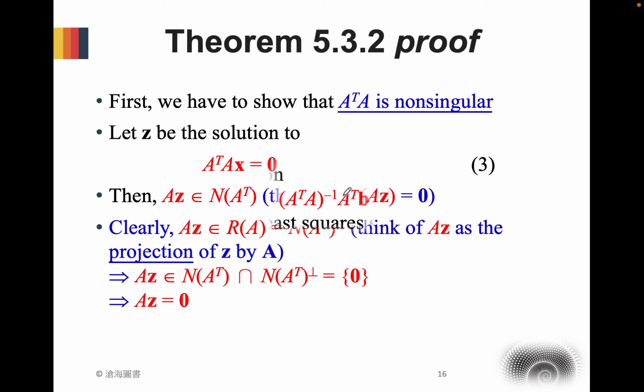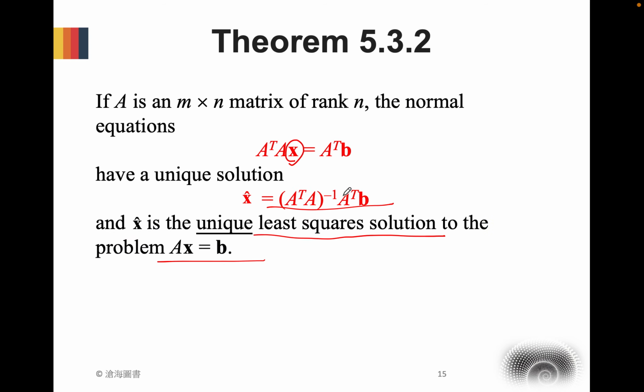But this formula seems incomplete, because how do you know we can derive this formula from this one to this one? You need to prove that A transpose A is invertible, right? Only if this matrix is invertible, then you can do this kind of calculation.